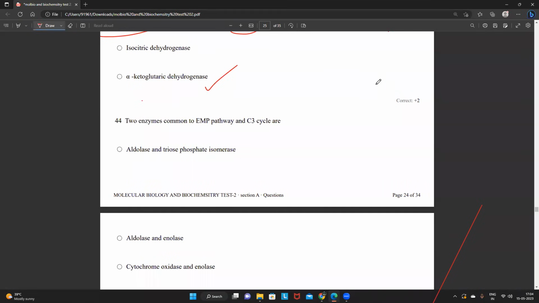And cell biology, including biomolecules, they have given nearly 10 to 12 questions. Then you have to give the highest importance to cell biology and this also. Molecular basis of inheritance, they got 6 to 7 questions. Genetics, they got 7 to 8 questions. No, opposite. Molecular basis, they got 7 to 8. Genetics, they got 6 to 7.